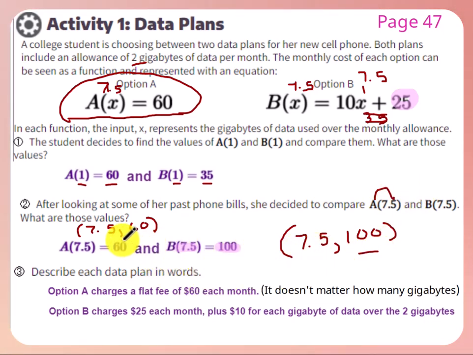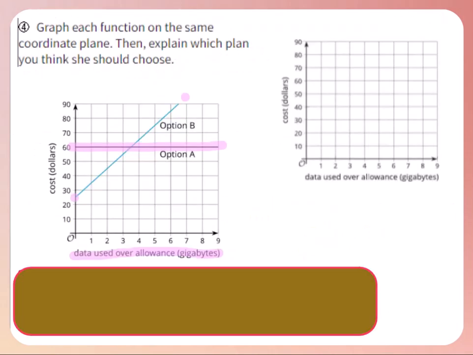So we have these 2 points here. We've got 1, 60 and 7.5, 60 for function A. We've got 1, 35 right here and 7.5, 100. So that's the points that we're plotting. And if we connect those two dots, it's going to make this line here.